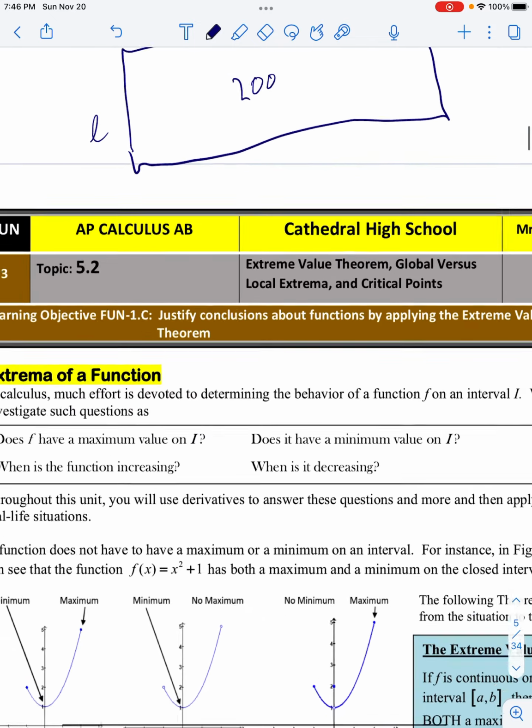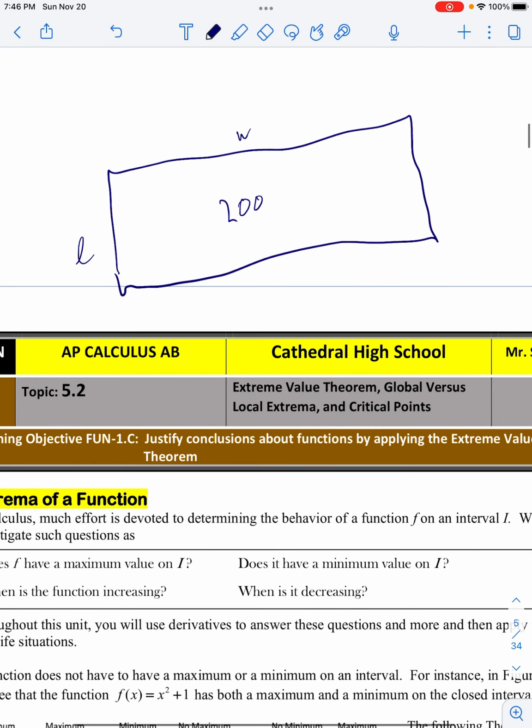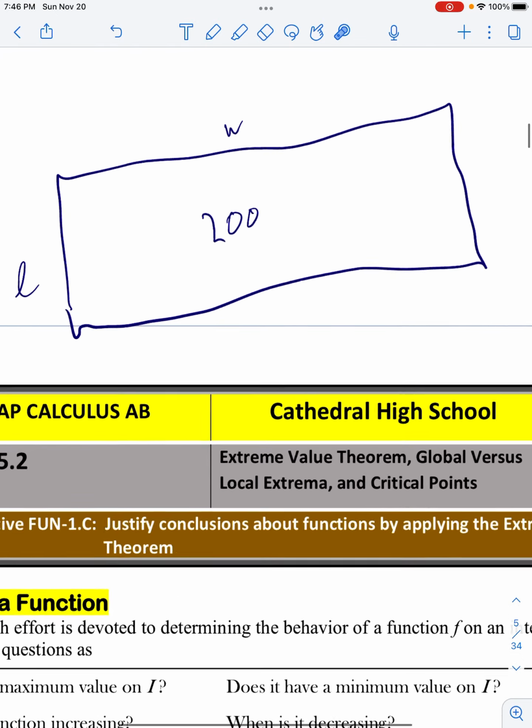You'd have to create a function and then find the maximum, plug the perimeter formula into your graphing calculator, graph that function, and then find the value of W or the value of L that maximizes the perimeter, okay?